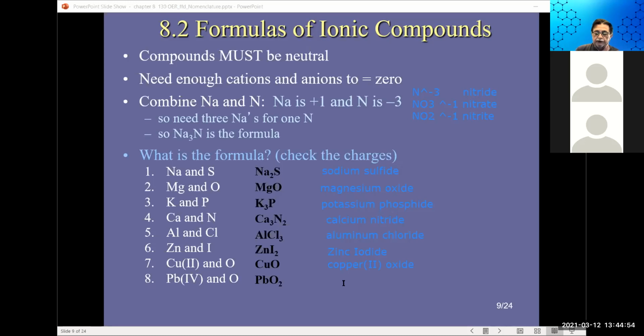So the name stays whether it's an ionic compound or covalent compound. And then finally here we got lead.